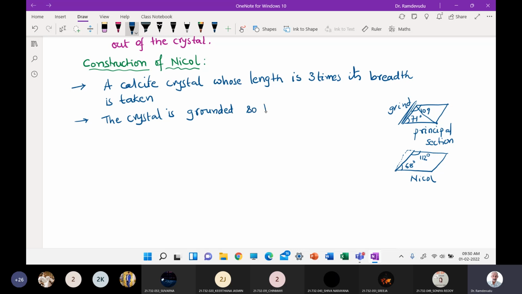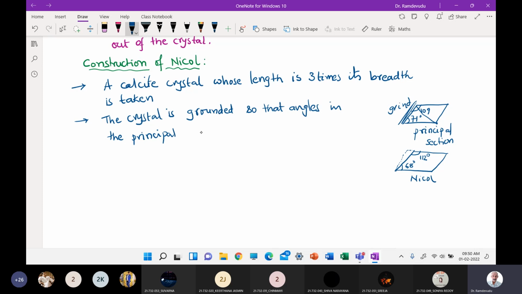so that the angles in the principal section become 112 degrees and 68 degrees instead of, previously, the crystal cut having the angles 109 degrees and 71 degrees respectively. The principal section we defined as a crystal cut perpendicular to the opposite faces and containing the optic axis.